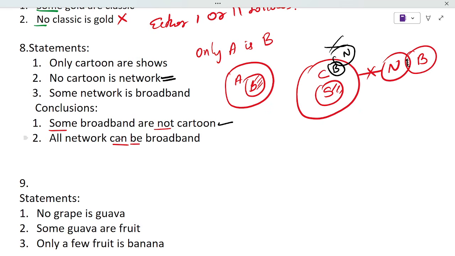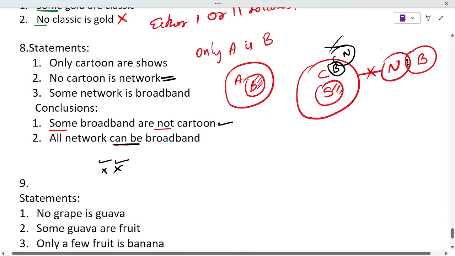All network can be broadband. Can be means possibility. If it is true, it is true. If it is false, it is false, as I've mentioned earlier. So can all network be inside broadband? Yes, it can.